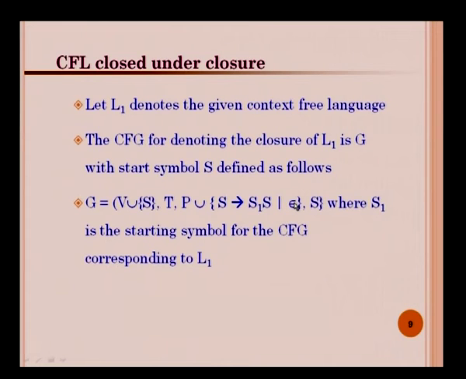And if you want exactly one time, then we go for the other rule, where we have an expansion S derives S1S, and S1 is the start symbol of the given language. That will generate any string from the language L1.